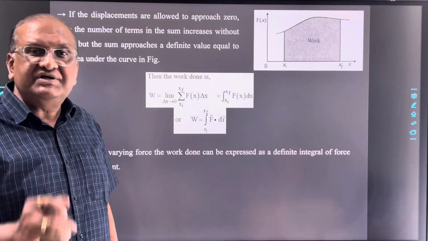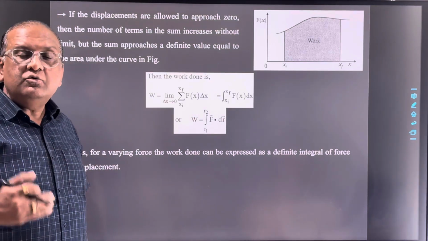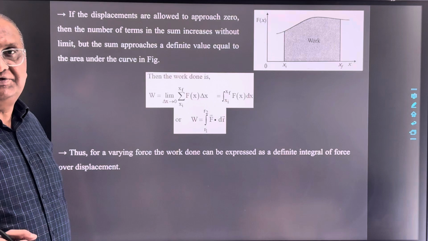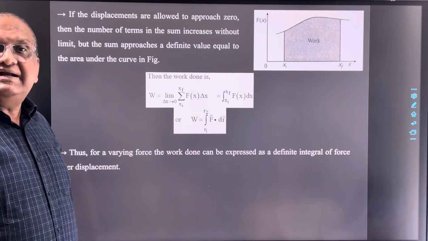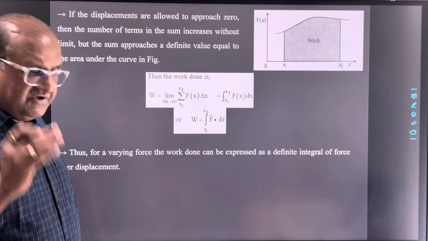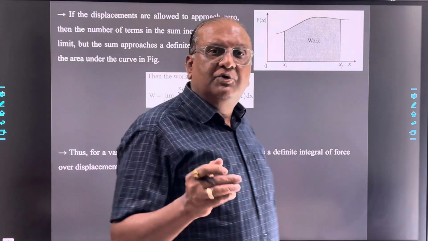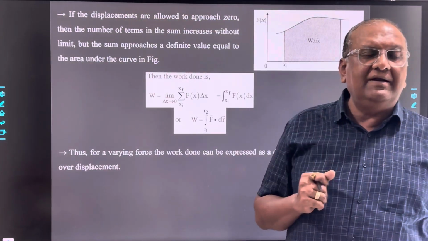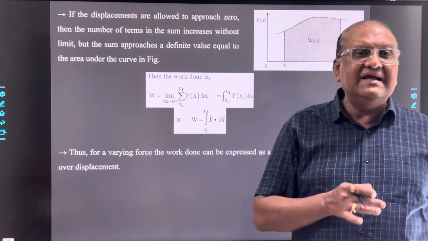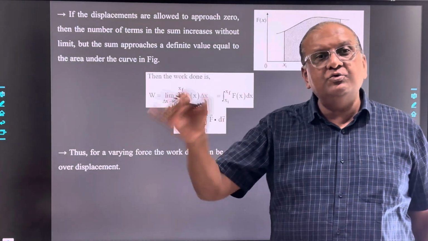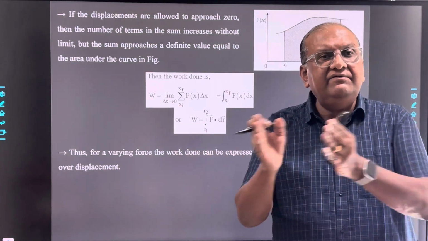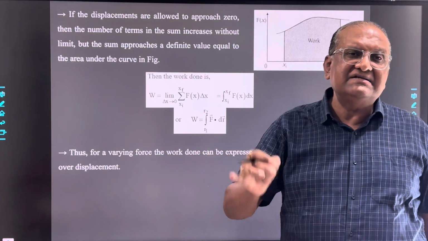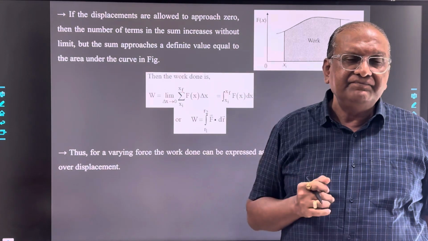But now the question is, how to carry out the integration. Just like in differentiation, suppose we have a function x raised to n, and if we take d by dx of x raised to n, then directly we have the formula, that is nx raised to n minus 1.